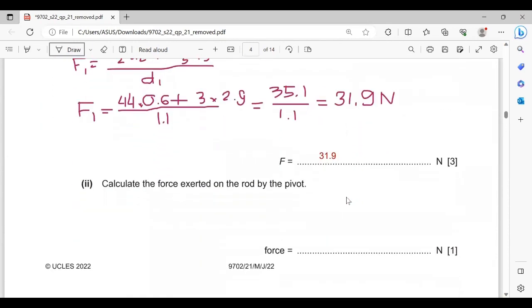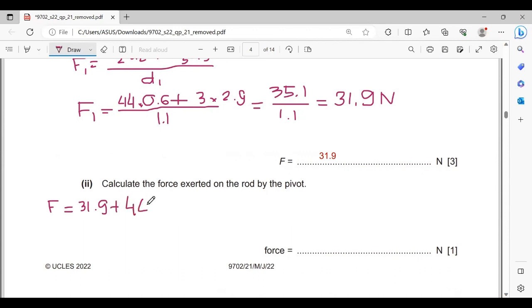F equals 31.9 plus 44 plus 3, as F3 equals 3.